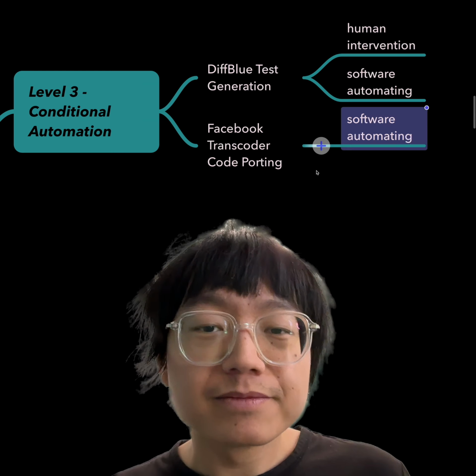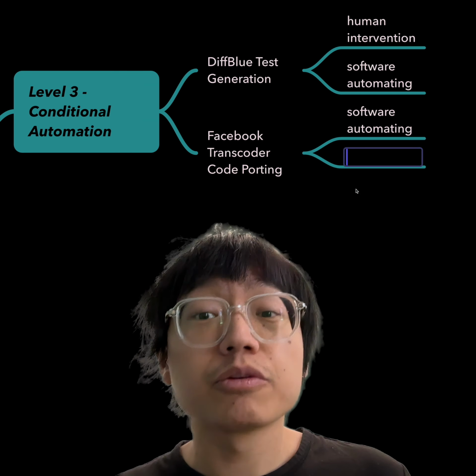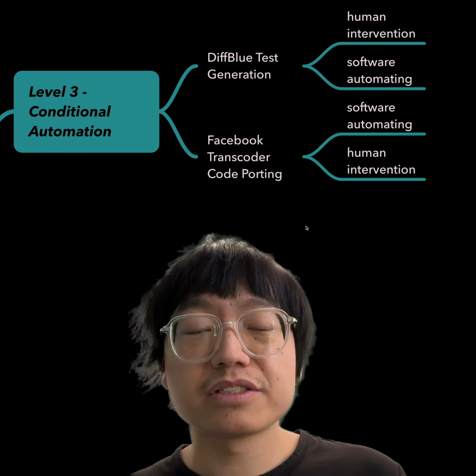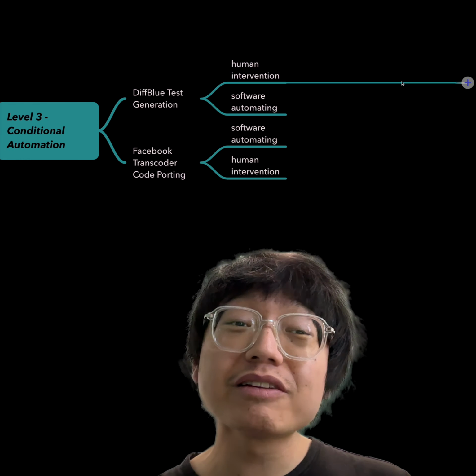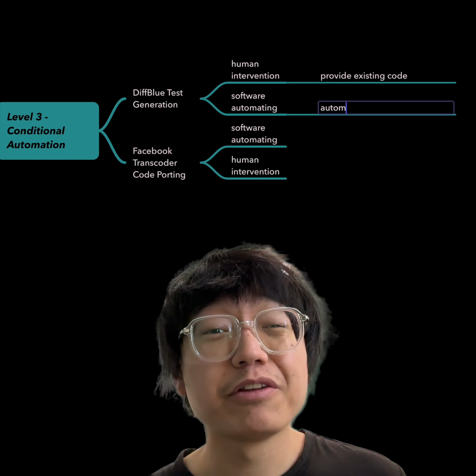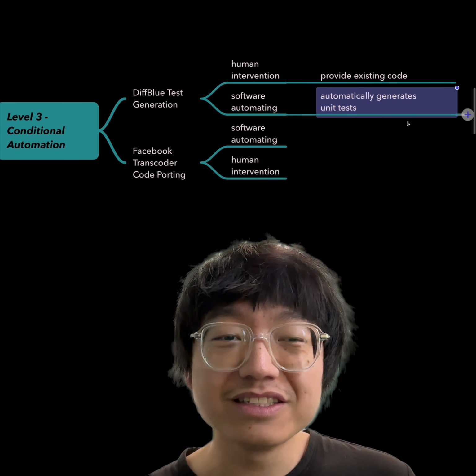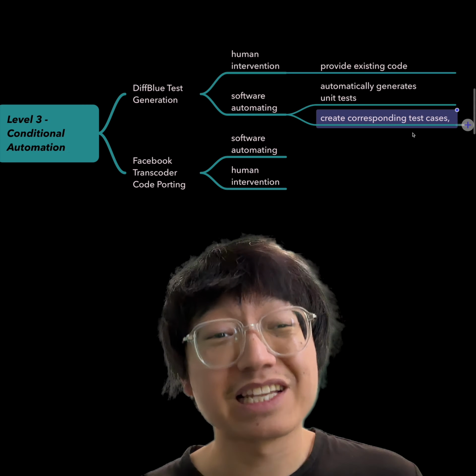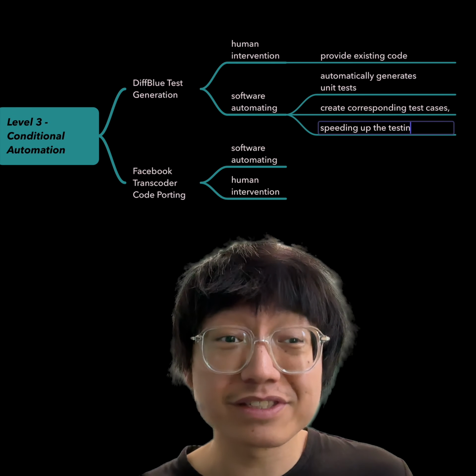In software, this includes automating some discrete tasks, but within clear boundaries. DiffBlue automatically generates unit tests for your code. A developer provides existing code, and then DiffBlue creates corresponding test cases, which significantly speeds up the testing process.